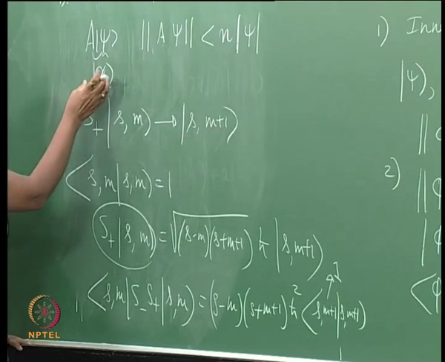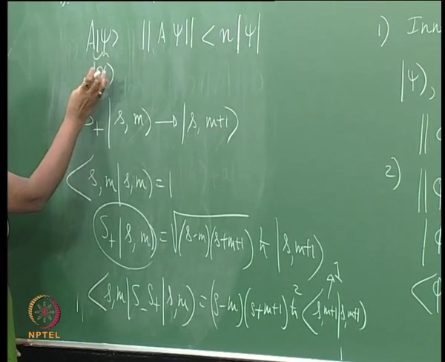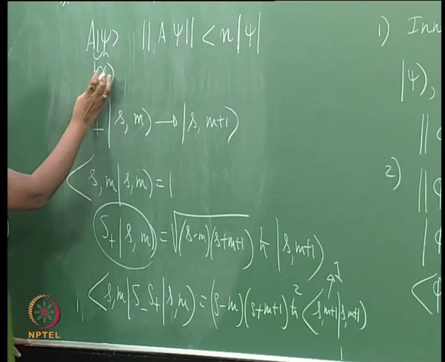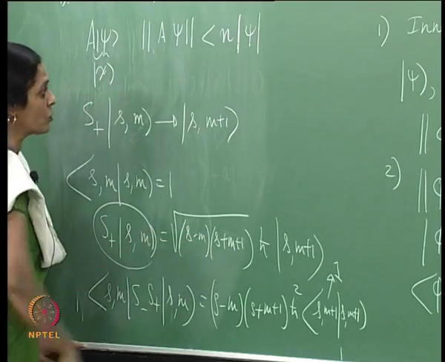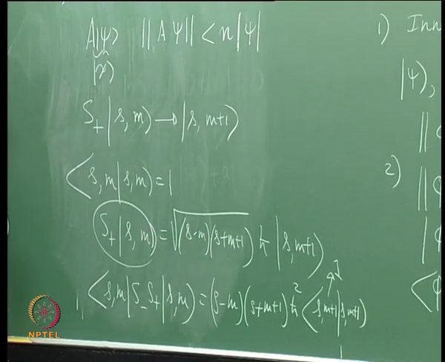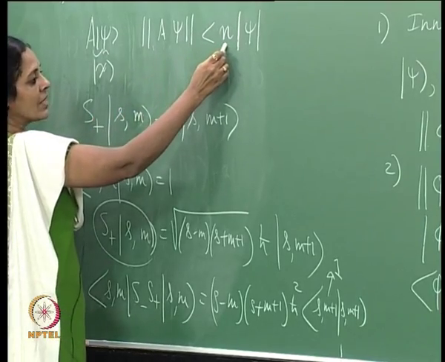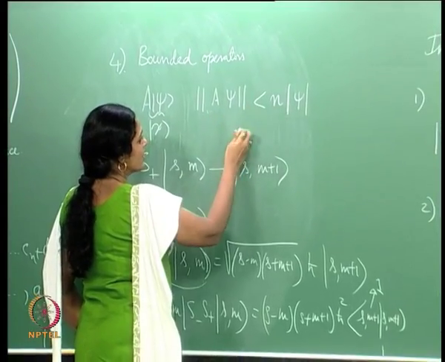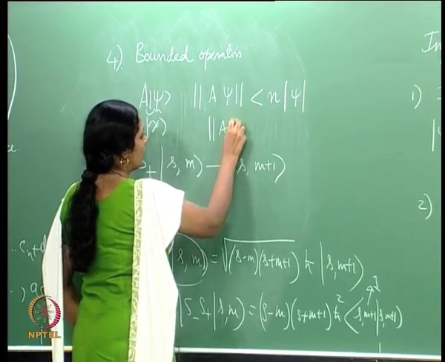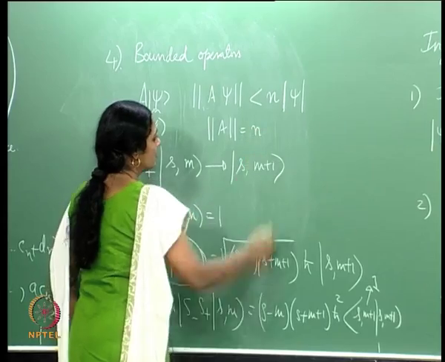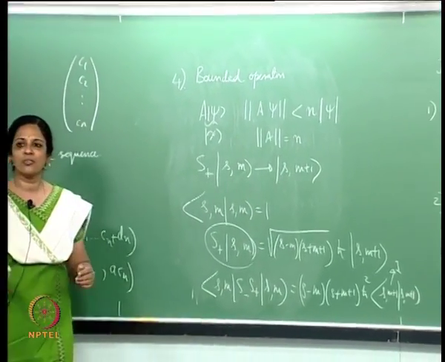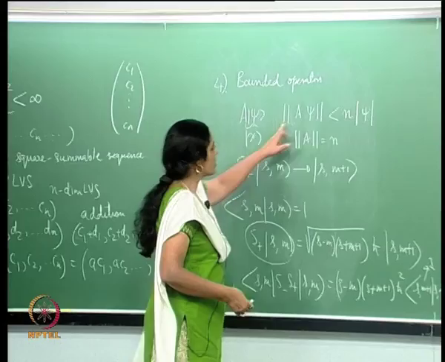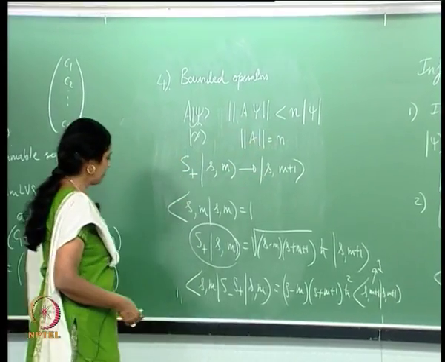So now I can suitably scale down chi such that the new state is normalized to 1. The smallest number n here which satisfies this is said to be the norm of A. So one defines the norm of an operator as the smallest number that satisfies this.